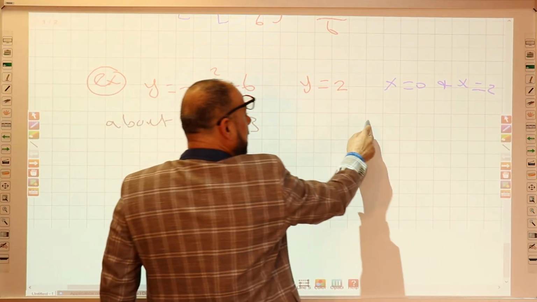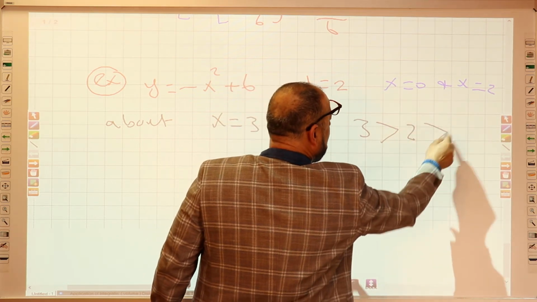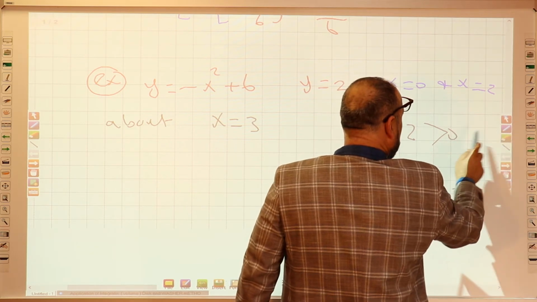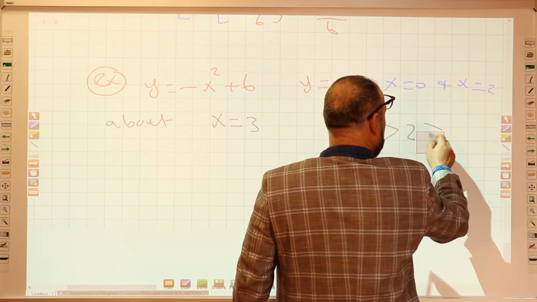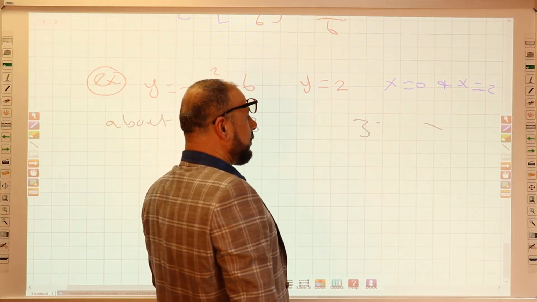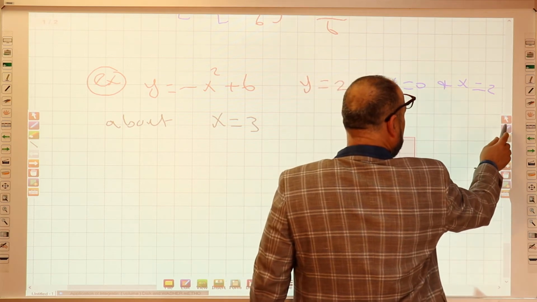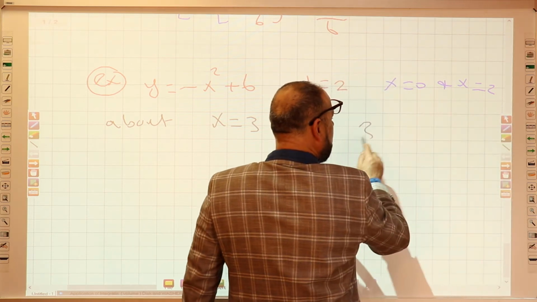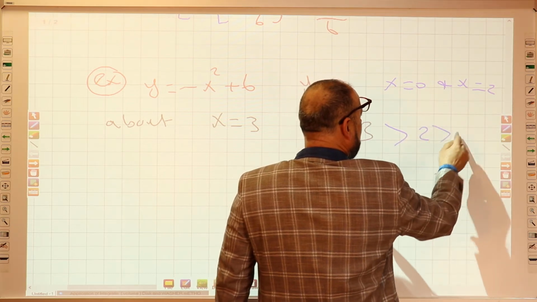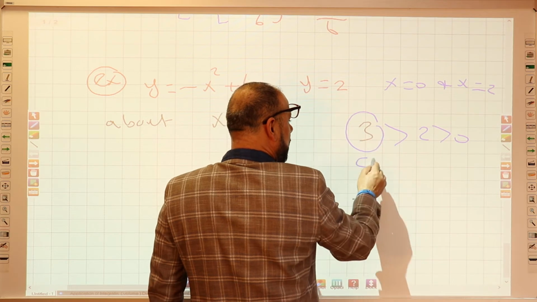Now 3 is greater than 2, greater than 0. This is my C. C equal 3.